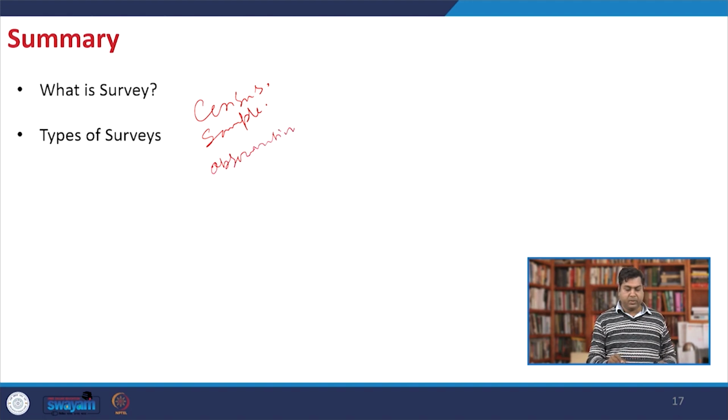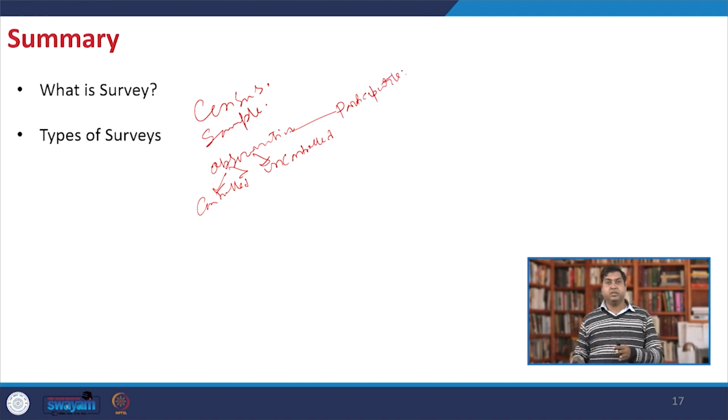And in observation survey also, you have a certain typology, whether it is controlled or uncontrolled, whether it is participatory or not, where the observer takes part in the group to understand the behavior, or else it is a real-time one.